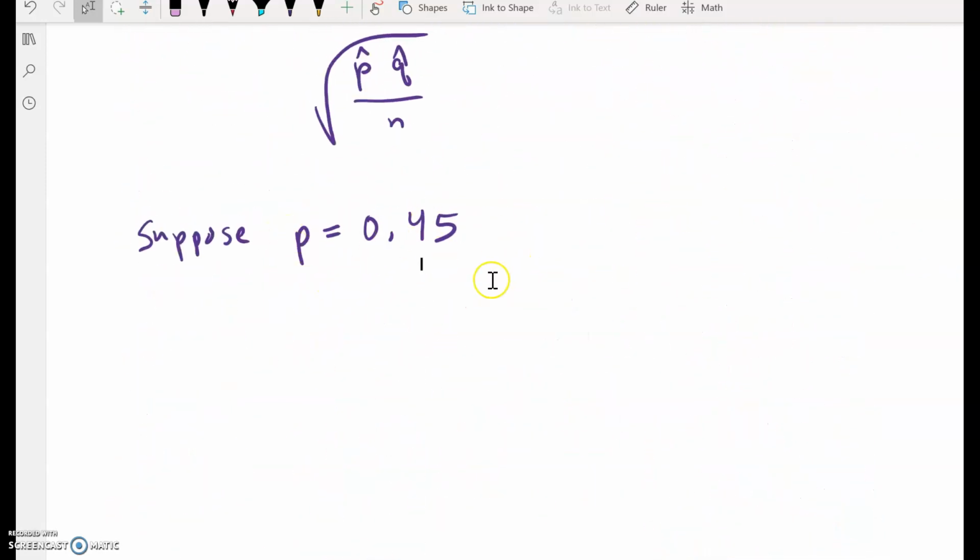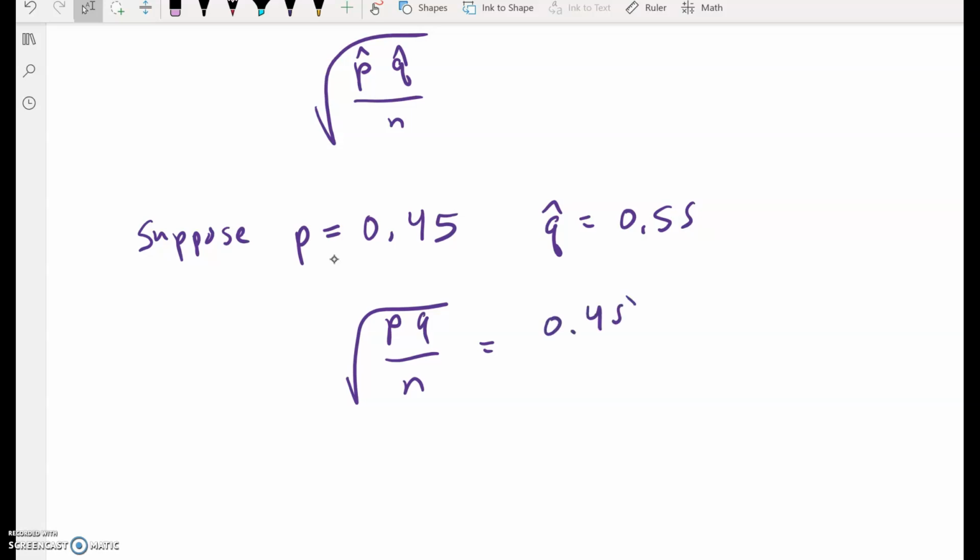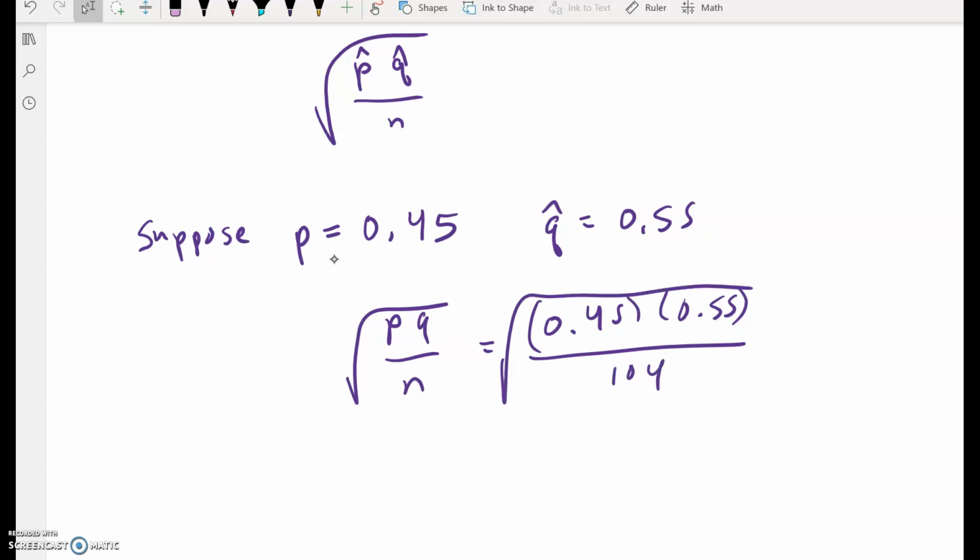So let's suppose Q then would be 0.55. If you plug that into the real formula, the square root of PQ over N, you get 0.45 times 0.55 divided by 104. Now, of course, we don't know what P really is, but this is just supposing.